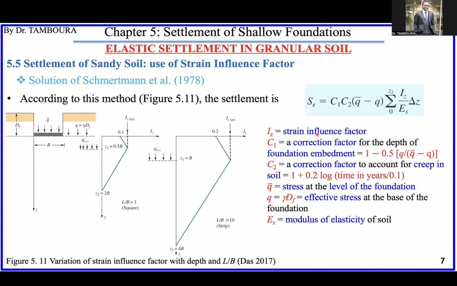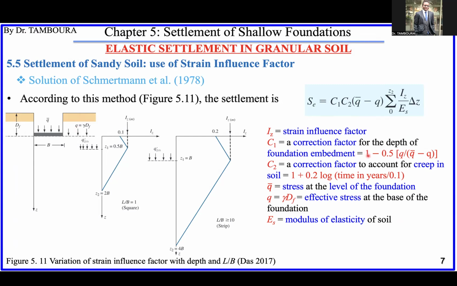So the IZ strain influence factor, this one. C1 is this one. This one is related to the depth of the foundation, meaning the embedment. So that is a factor correcting for the embedment, DF.